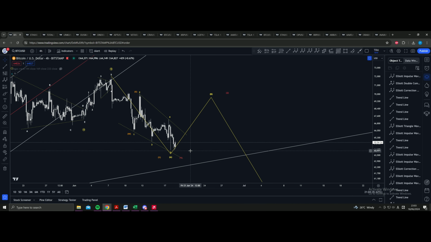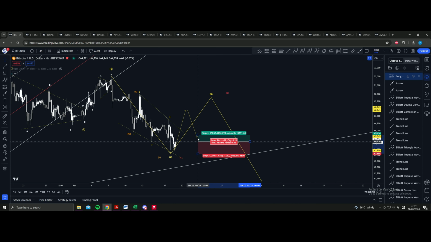So now we might break this structure, and if we do, first we're gonna look for a motive wave, either leading diagonal or impulse. But considering the fact that this was a diagonal already, I think we're gonna rather have an impulse. If we do, and if we break this previous wave 4, we might anticipate a wave A or a wave 1, and then we could try buying a retrace with the stops.